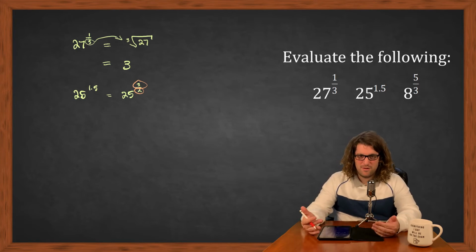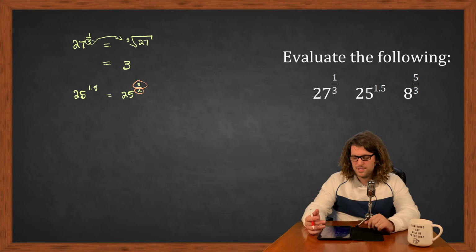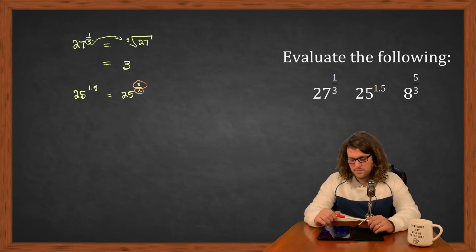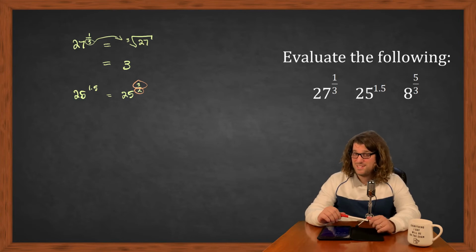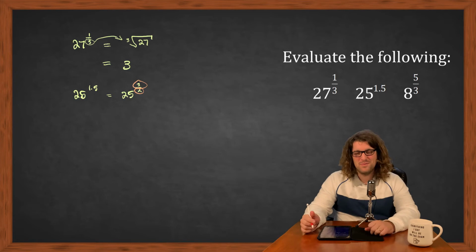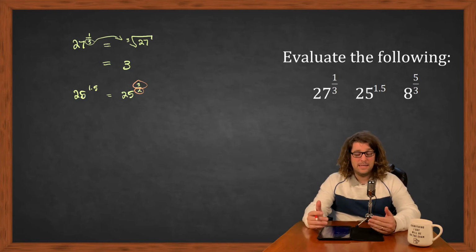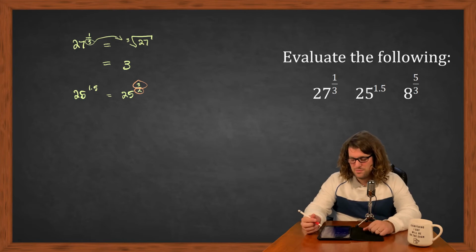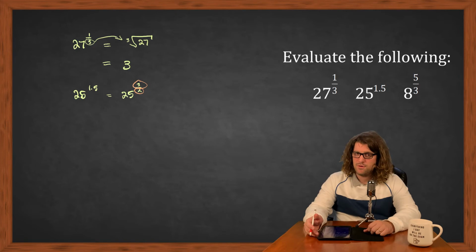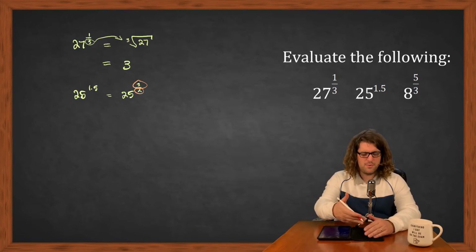So I'm sitting here without a calculator. So I have two options. I could multiply 25 times itself 3 times, which would be 25 times 25 is 625, but then I'd be slowing down significantly for 625 times 25, and we would be sitting here for a little bit as I tried to make sure I wouldn't make a mistake on that. However, that is not the best order for me to do things, and afterwards I'd square root it.